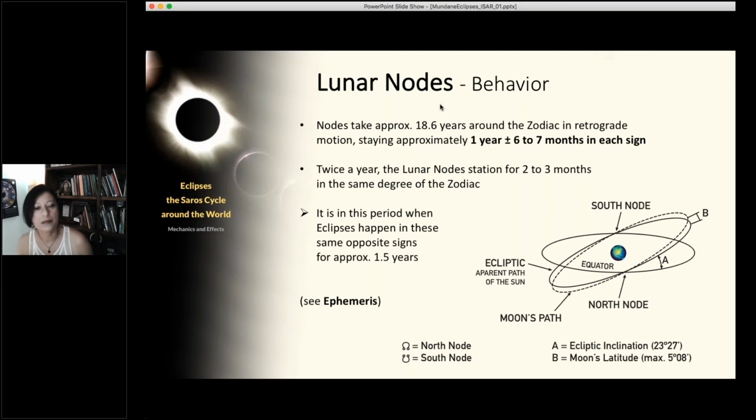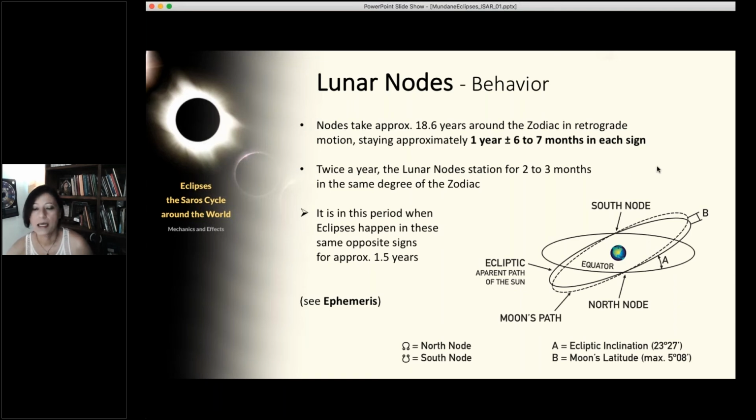It means that all of the eclipses during this 1.5 years are going to happen in the same opposite signs. Twice a year, the lunar nodes station for 2 to 3 months. You can check out your ephemeris to see that. And when they station is when the eclipses occur.